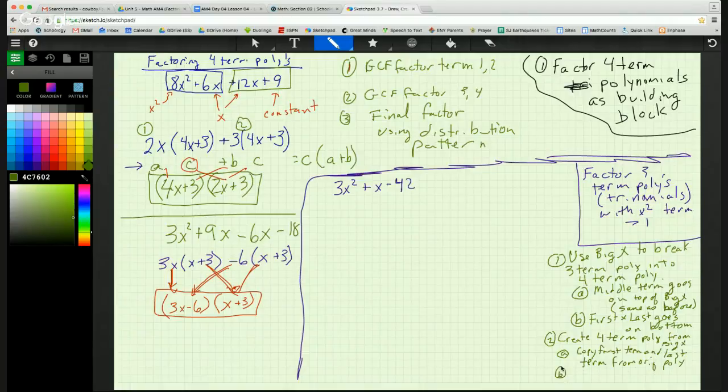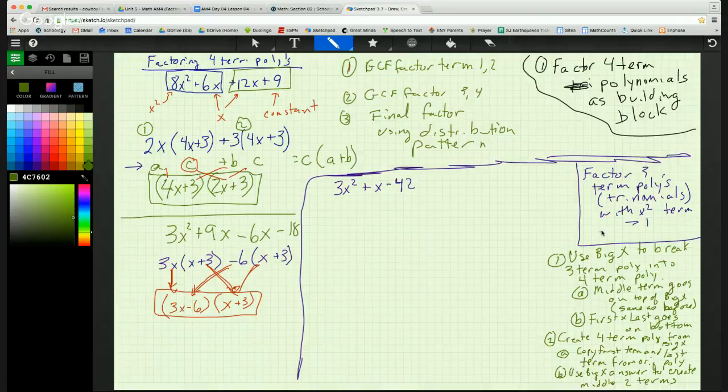And then we're going to use the big X answer to create the middle 2 terms. Okay.